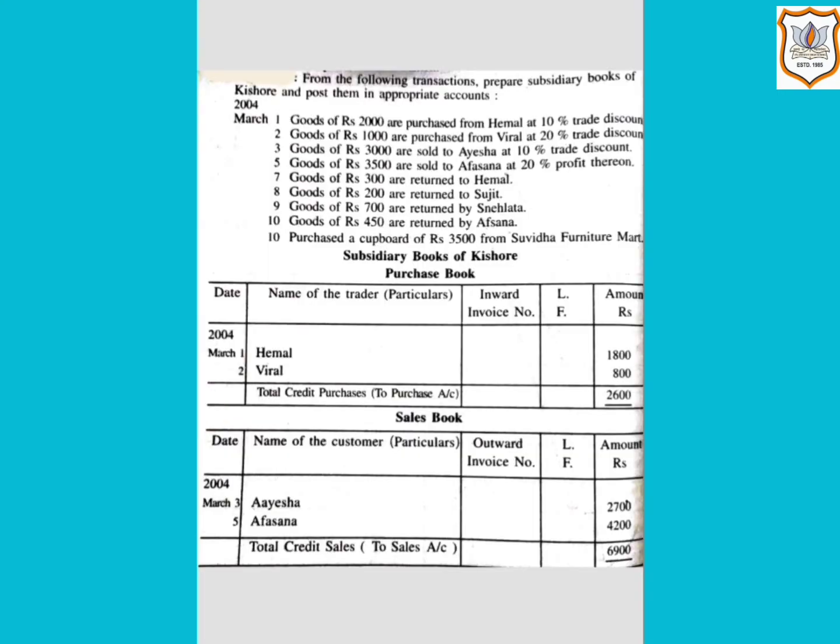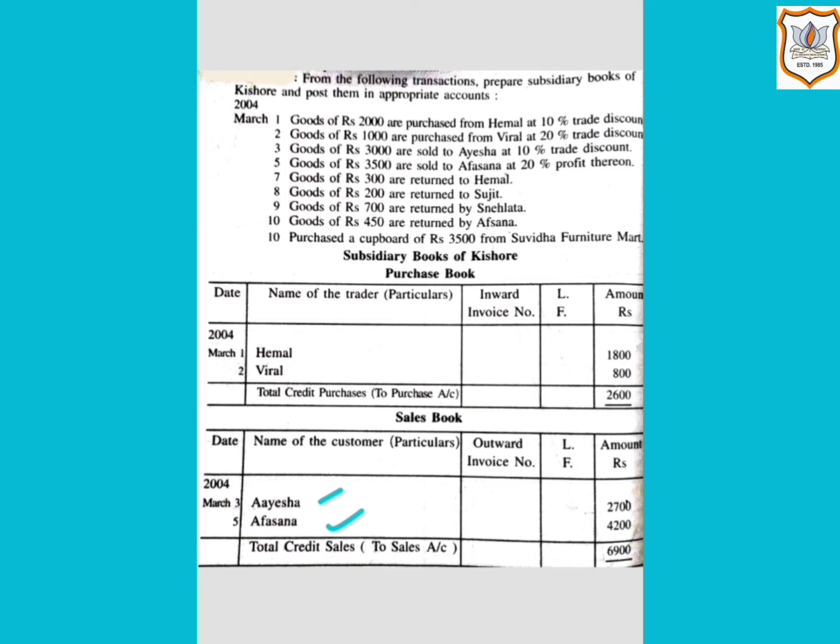Now let us see ledger posting of the sales book. Here the names appearing in the sales book are of those parties who have purchased the goods on credit, that is Aisha and Afsana. The accounts of the parties have to be debited with their respective amounts.